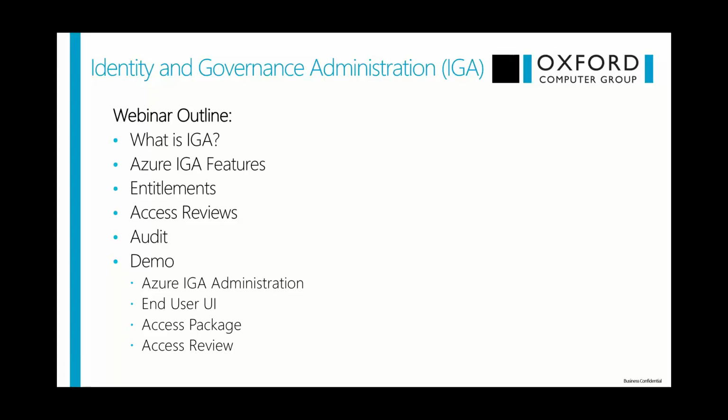I'm going to go through a demo of the Azure IGA administration portal, the end user UI portal, and then an access package workflow demo and then an access review workflow demo.